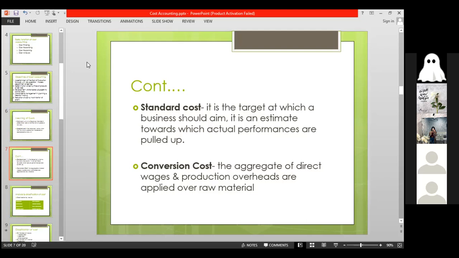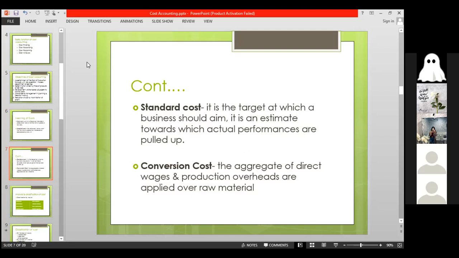That's the standard cost. Then there is the conversion cost, the aggregate of direct wages and production overheads applied over raw material. So conversion cost is, let's say if it's a manufacturing company, what is the cost of converting your raw material into the finished product, right?